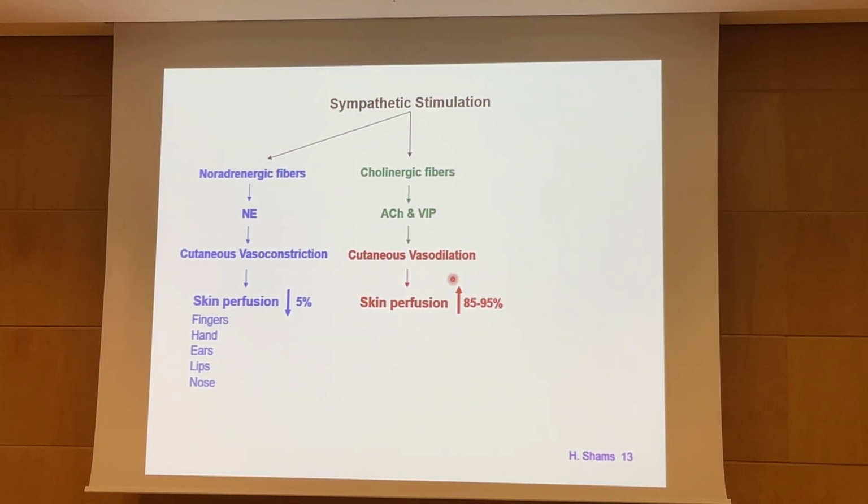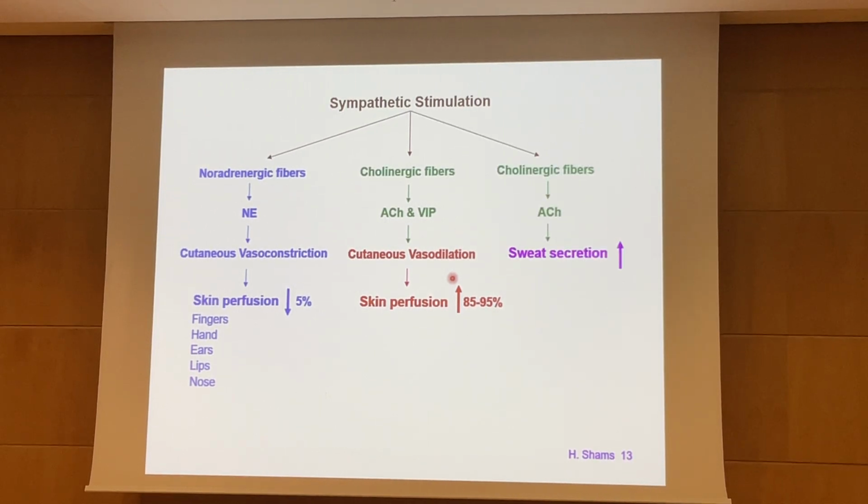And also what remains is sweating. And that is also regulated by cholinergic fibers. Acetylcholine is the transmitter, and these fibers stimulate sweat secretion to cool down. Cholinergic fibers are stimulated to cool down.